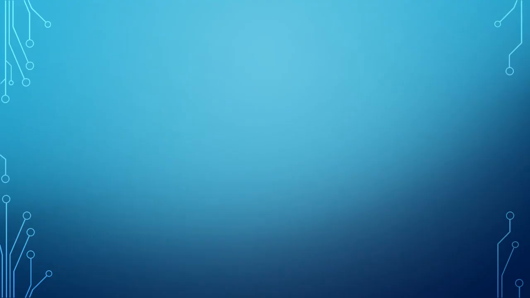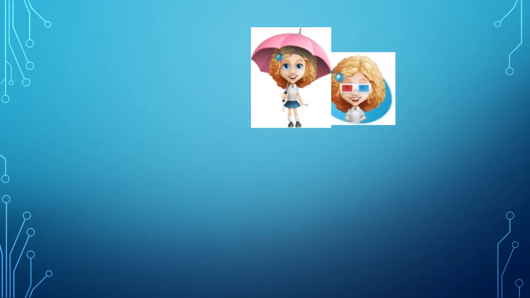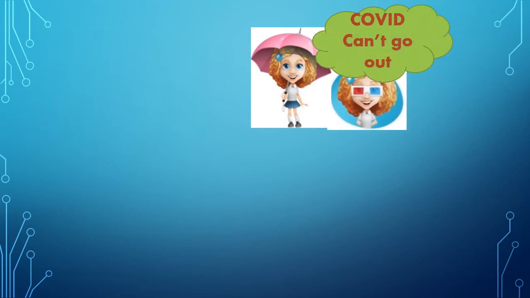Hey, what's going on here? Why is it so dark here? I think the light has gone. Well, light is not coming, so let's go out and have some fun. But due to COVID, we can't go out.